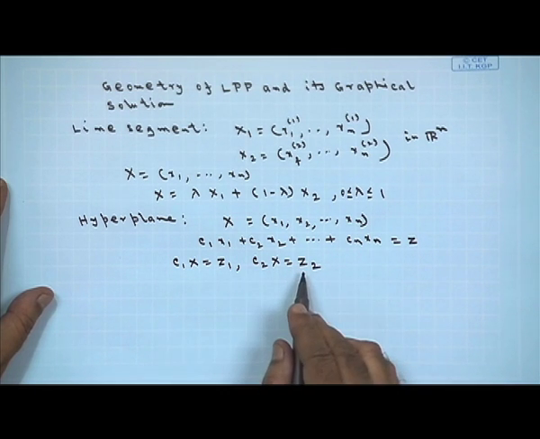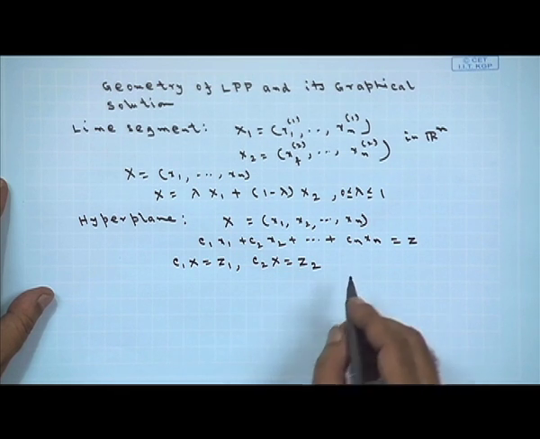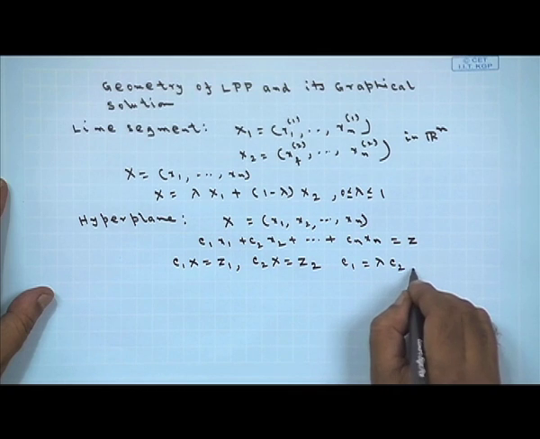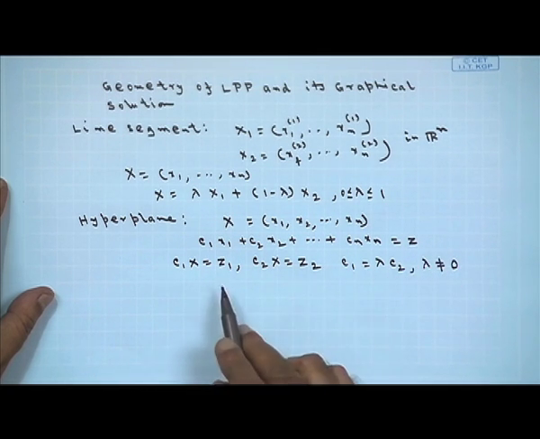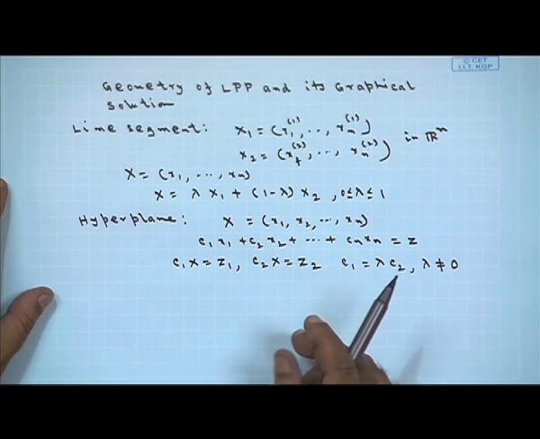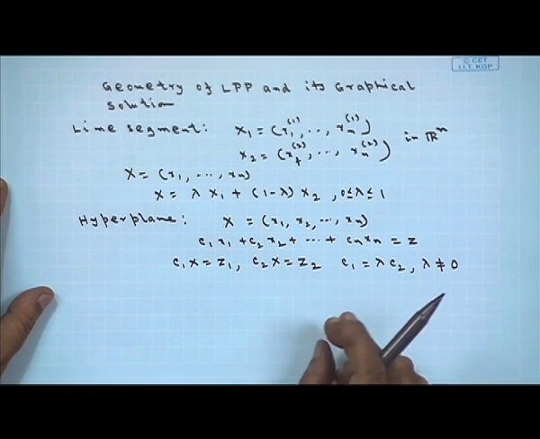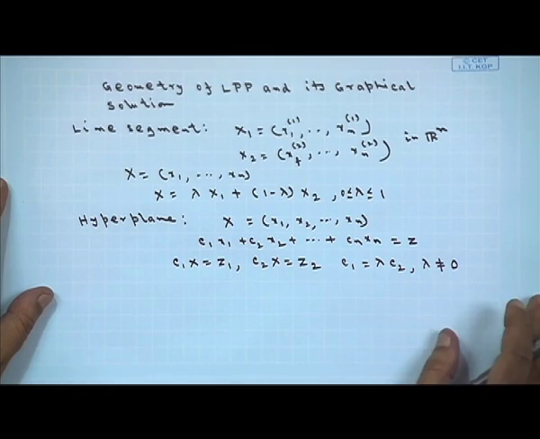These 2 hyperplanes will be parallel if c1 equals lambda c2, obviously lambda is not equal to 0. Or in other sense, 2 hyperplanes will be parallel if they have the same unit normal, that is, c1 by c2 equals some constant.